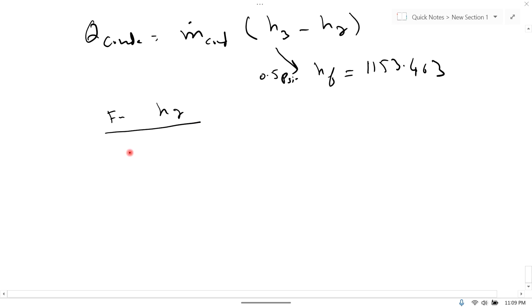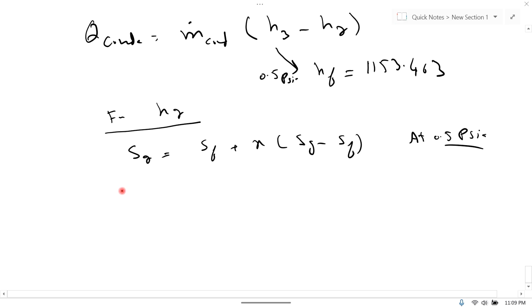So S2 is equal to SF plus X times (Sg minus SF) at 0.5 psia. S2 is equal to S1, isentropic.